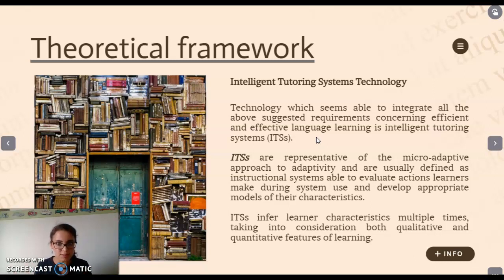They are representative of the micro-adaptive approach to adaptivity and are usually defined as instructional systems able to evaluate actions the learner makes during system use and develop appropriate models of their characteristics. And this system infers learner characteristics multiple times, taking into consideration both qualitative and quantitative features of learning.